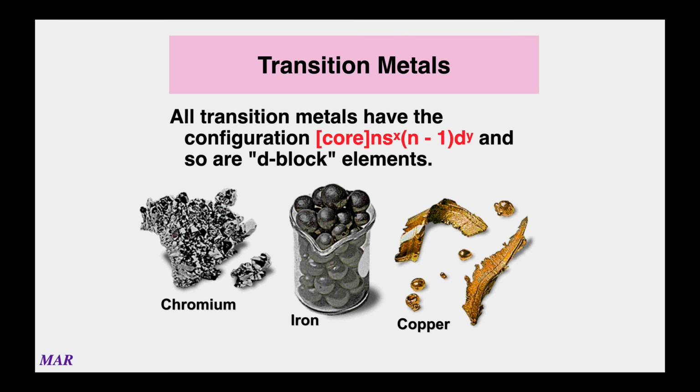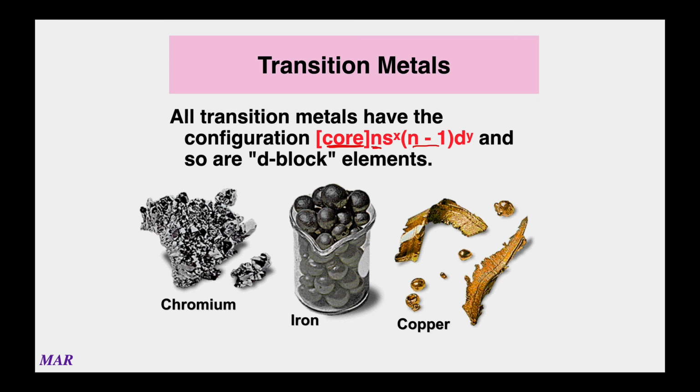And if you use an Aufbau diagram, or if you just figure it out, the D electrons pop in after the S ones. And we talked about earlier how 4s gets filled in before 3d. So transition metals have some kind of noble gas core, and then there's a period number, so like 4s2, and then n-1 means 3.